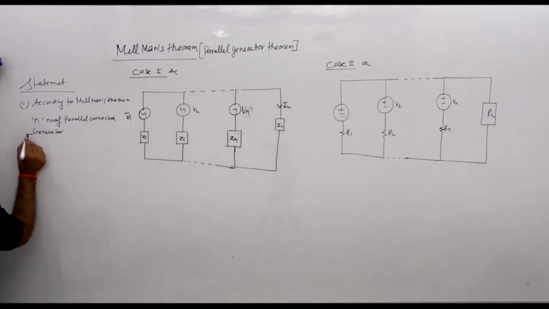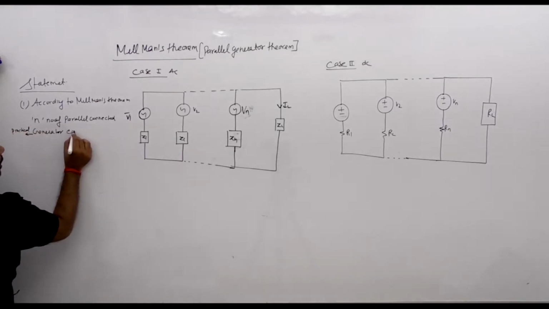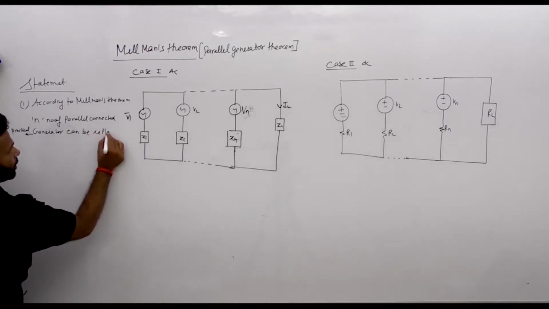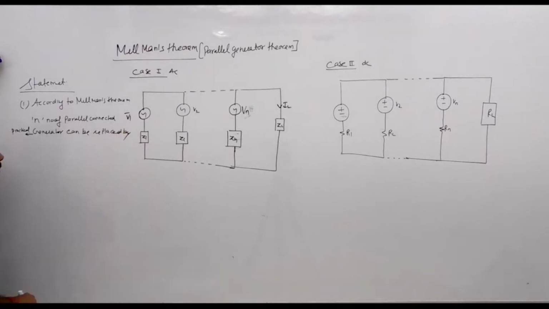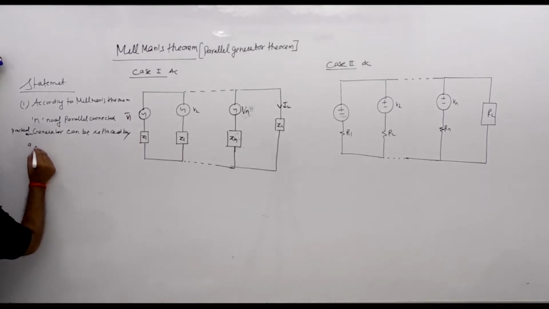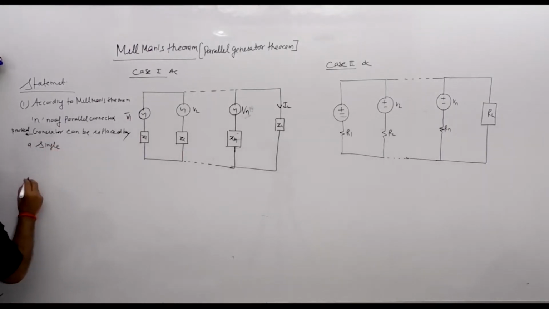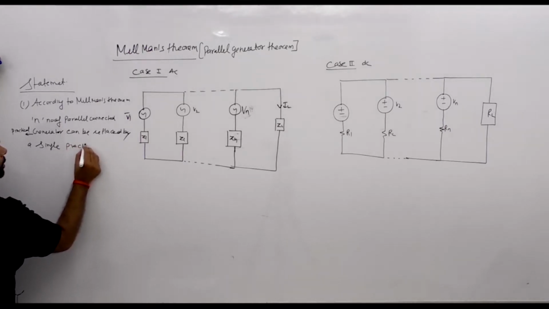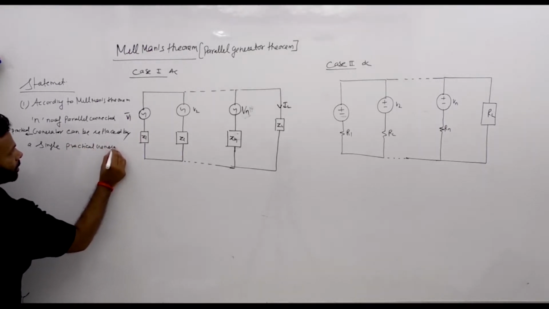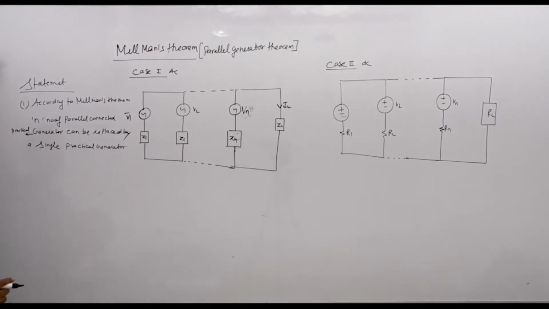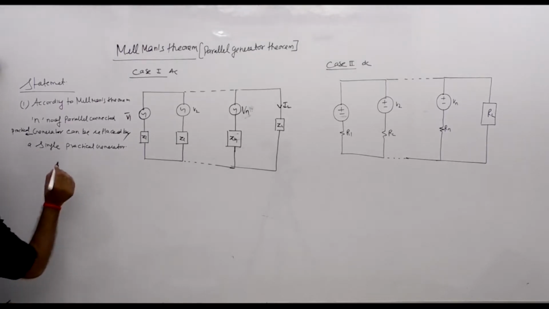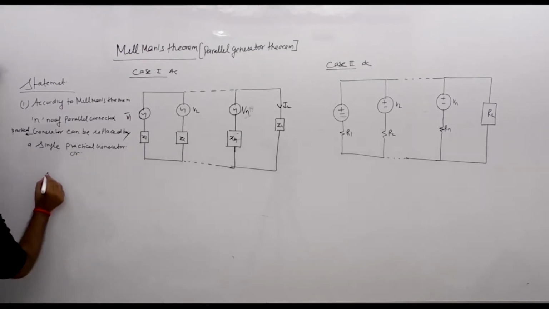Sorry, it is just to use one word also. Practical generator can be replaced by a single practical generator. ये बात समझ में आ गई होगी. So according to the Millman's theorem, small n number of parallel connected practical generator can be replaced by a single practical generator.